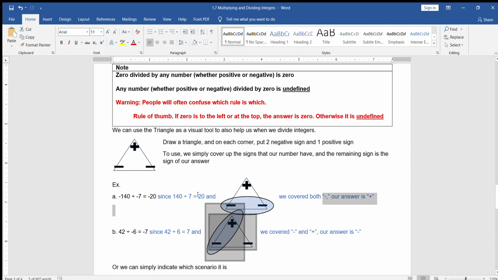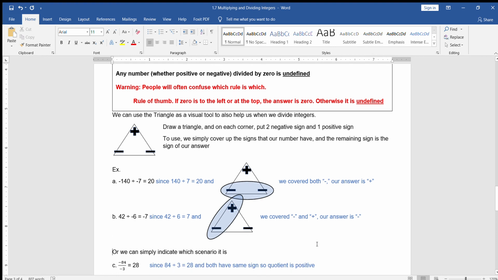So our answer is positive 20. Fooled you guys on that one. B, 42 divided by negative 6 should give you guys negative 7, since 42 divided by 6 is equal to 7, and we covered a negative and a positive, so our answer should be negative.